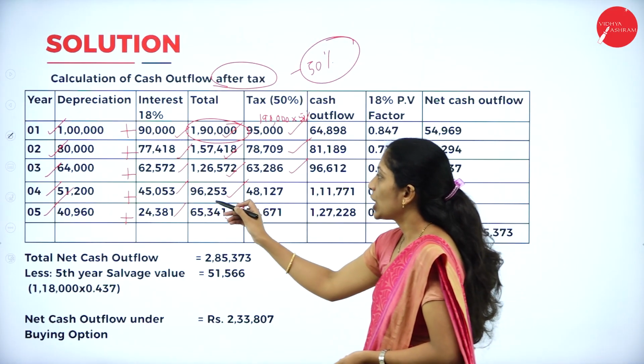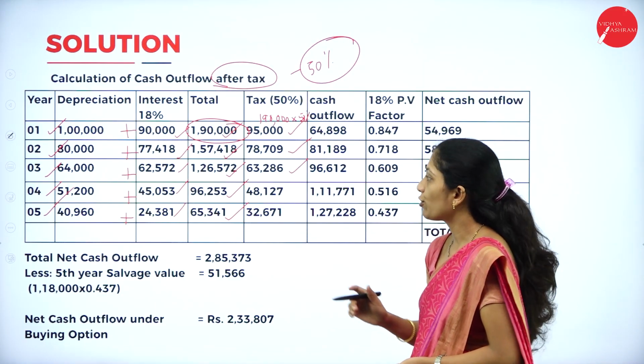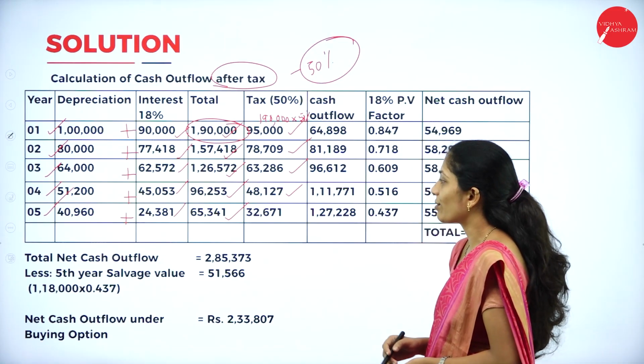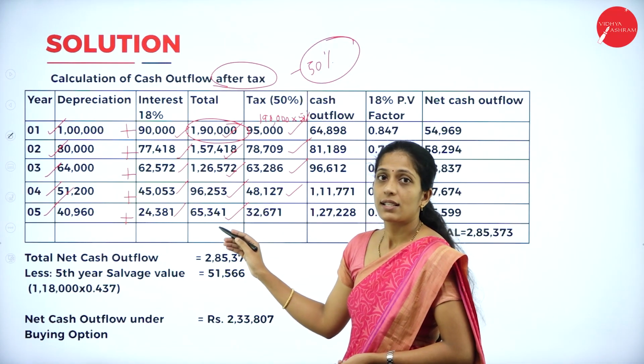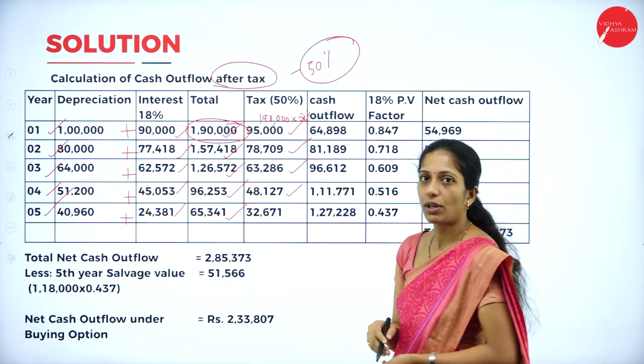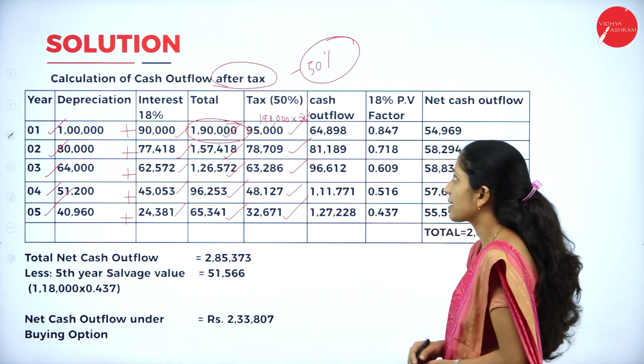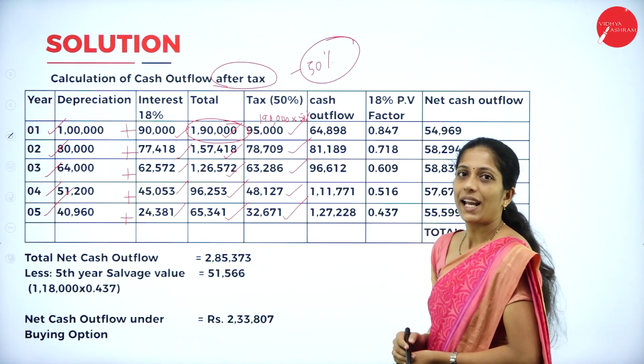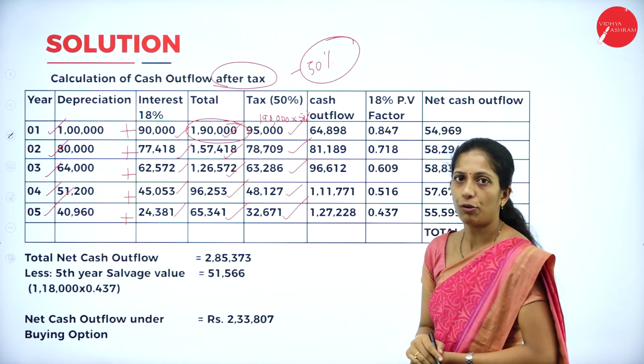The next one, 96,253 into 50% will get 48,127. And the last one, 65,341 into 50% will get 32,671.